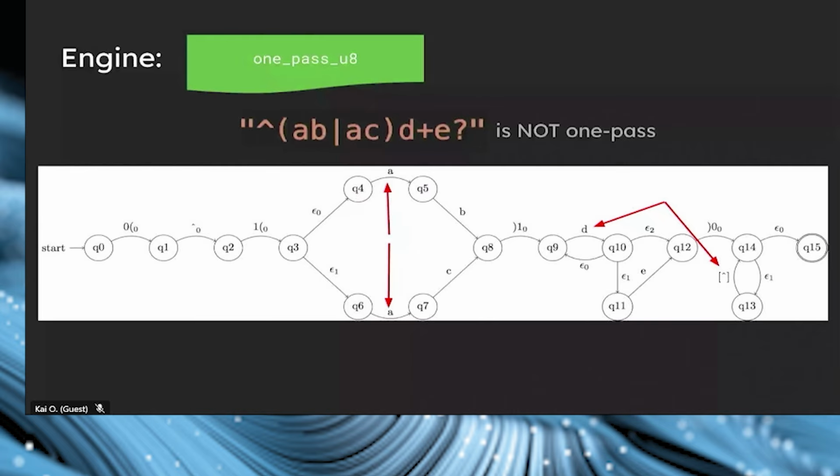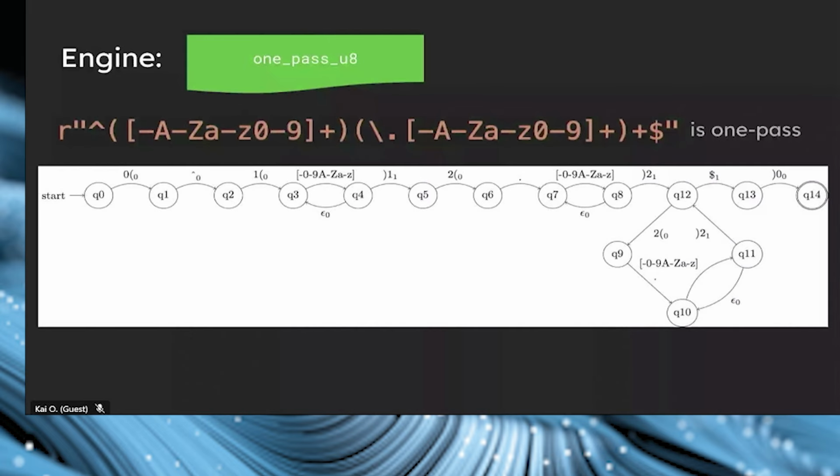Because I think there'd be so much overhead just to start up threads for text matching, unless you were going through a massive document. But anyway, so the next one, this one, actually wait, this is really slow. Okay, this regular expression is one pass, and it looks complicated, but really what it does is it matches numbers optionally with a decimal point in the middle.